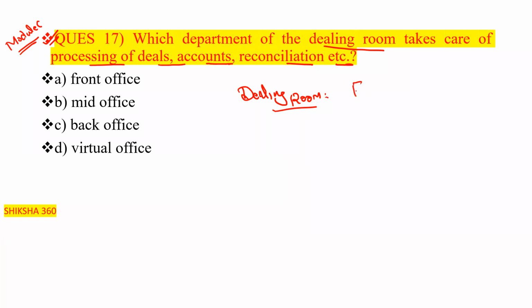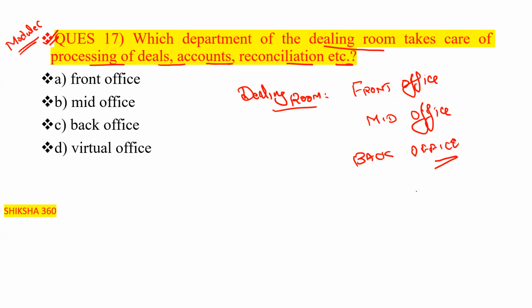The dealing room has the front office, mid office, and back office. These are the three main parts of the dealing room.